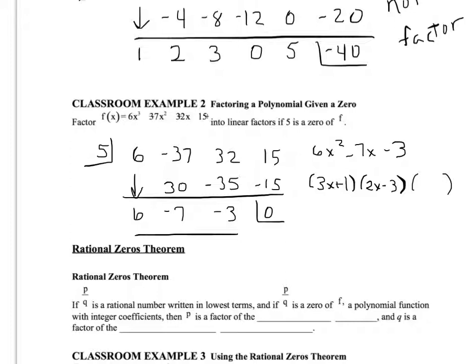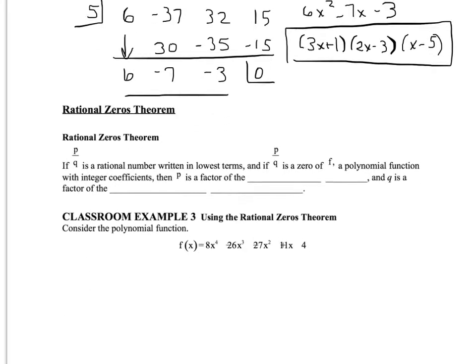That means when it goes back into parentheses after the x, it will be x minus 5. And it takes all three of those parentheses to fully factor the original polynomial. So make sure you read your instructions carefully and you work all the way to the end before you stop.